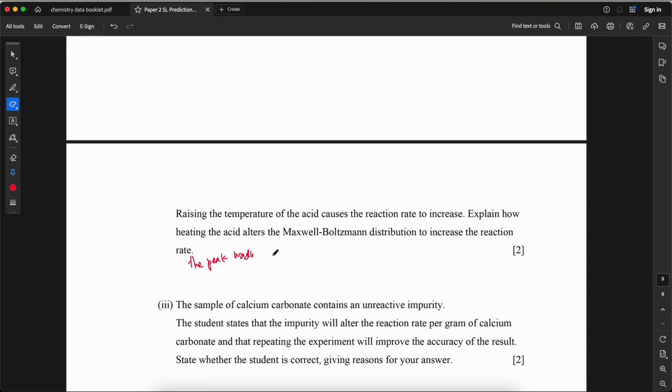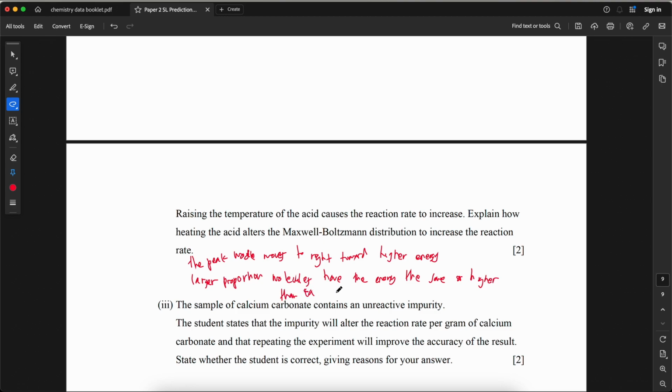mode moves to the right towards higher energy. So a larger proportion of molecules have energy the same or higher than activation energy, or Ea.